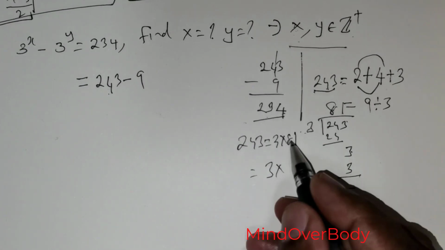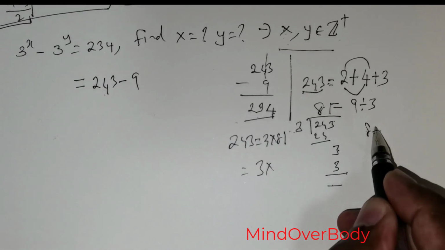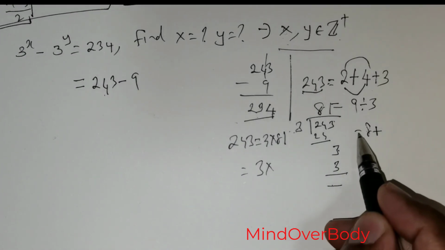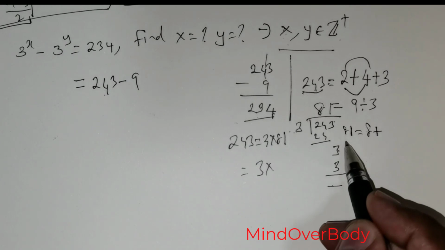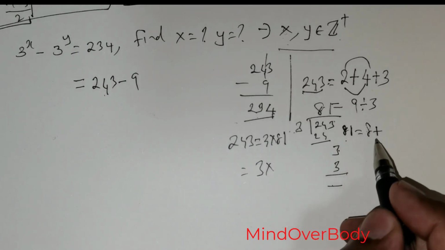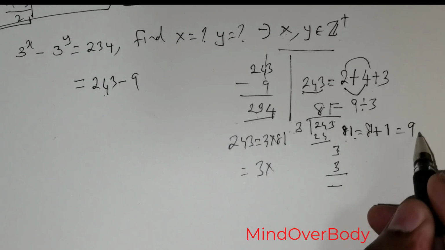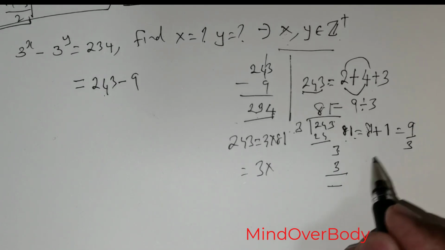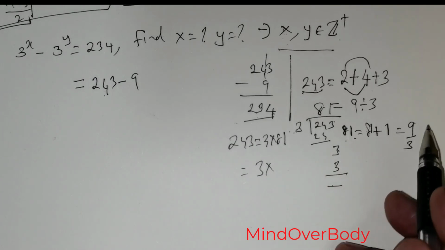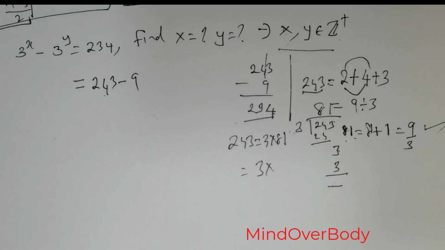Now what is 81 actually? I'm just showing you the divisibility test for 3. If you are given any number, in this case 81, and you want to know whether it is divisible by 3 or not, just take the digits, add them, and check if the sum is divisible by 3 or not. In this case it is divisible, so clearly 9 can be divided by 3.